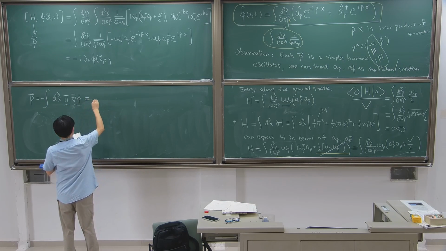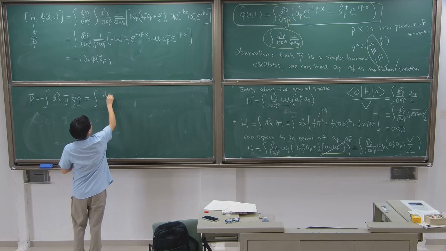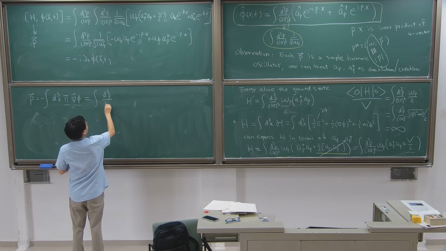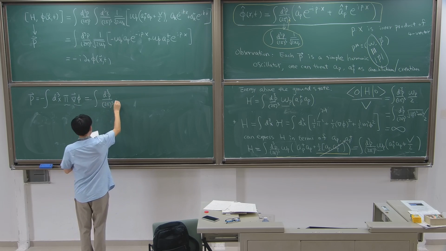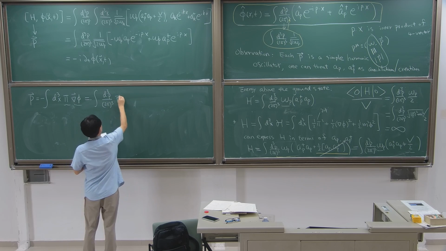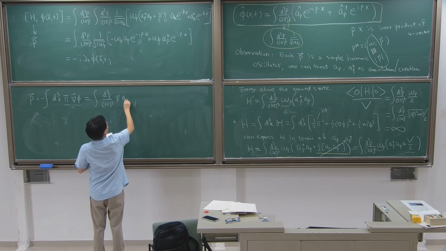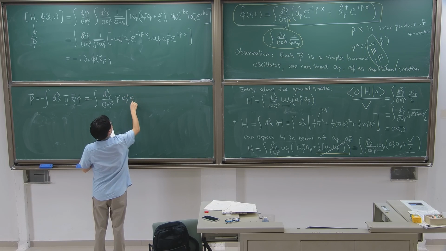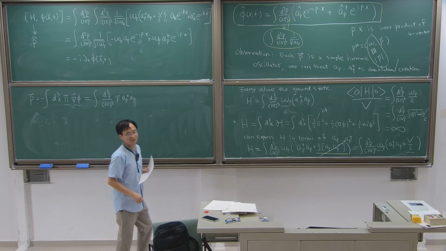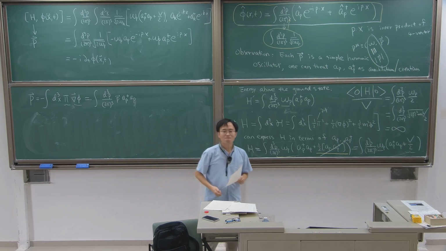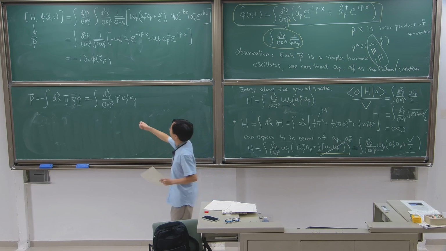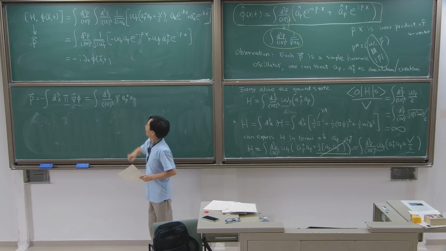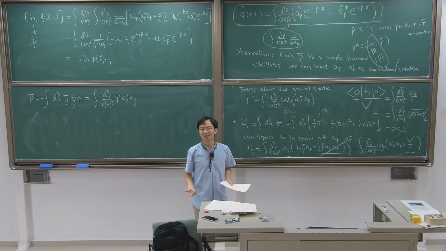So what is that? You work it out. You get something like this. You get a_p^† a_p multiplied by p hat, okay? p hat is a vector.